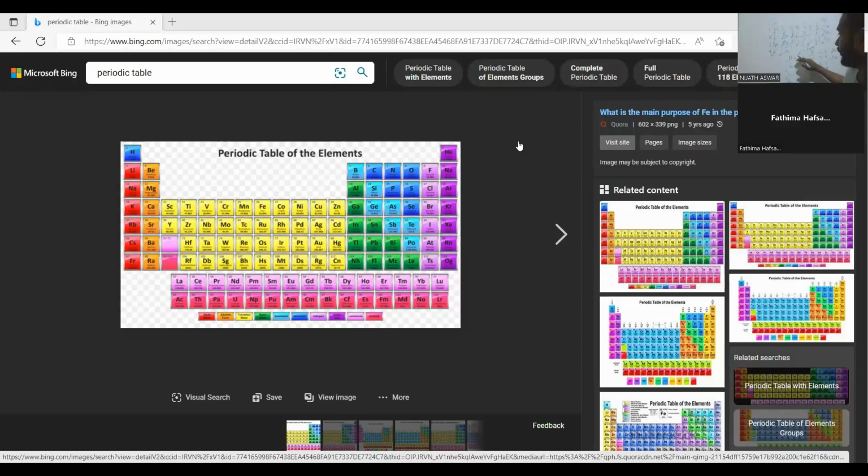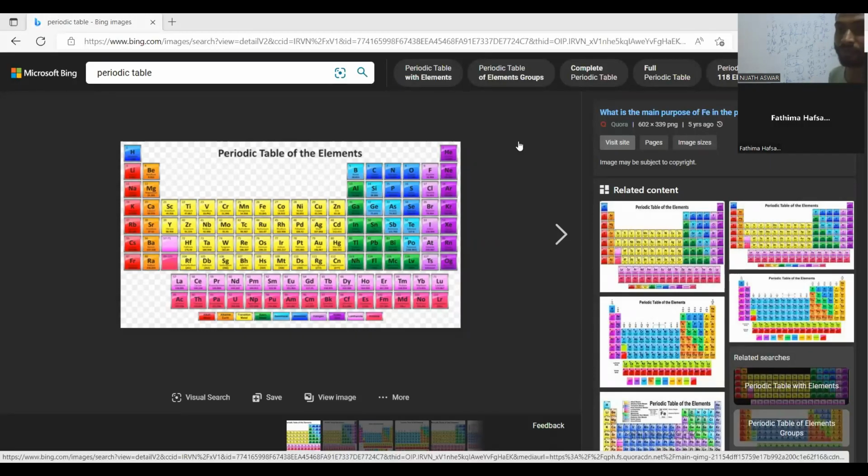See the lithium: if the last electron is 1, then what is the group of the lithium? 2, 1. So lithium is in the first group. Is that clear?